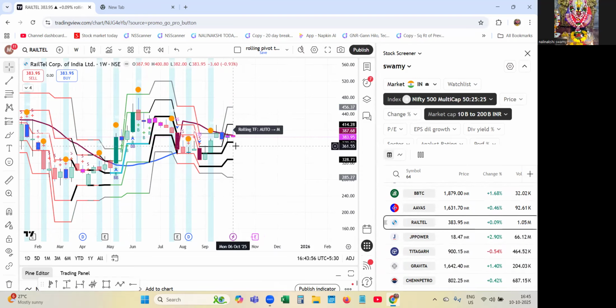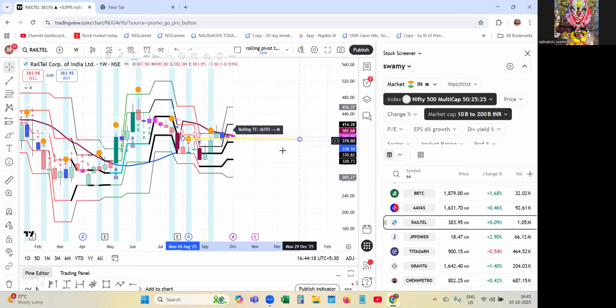Railtel is just making an attempt to change the direction. It is above the pivot. This is the pivot and it is trying to touch. Trend is here. Midweek of the month is here, Railtel. And this is the high of the midweek. So price is above that. You can consider this.